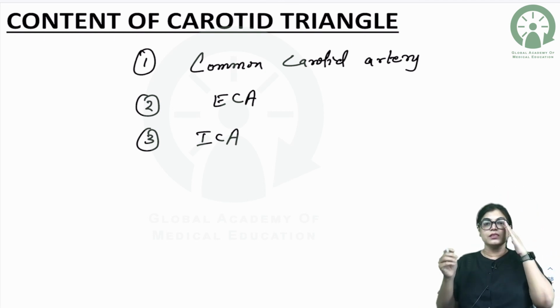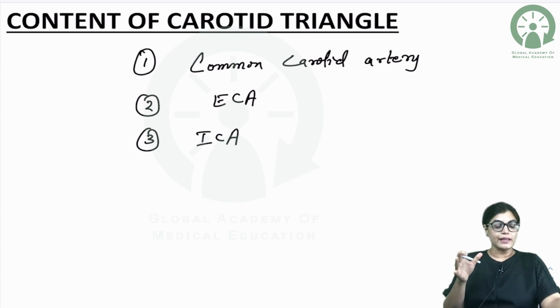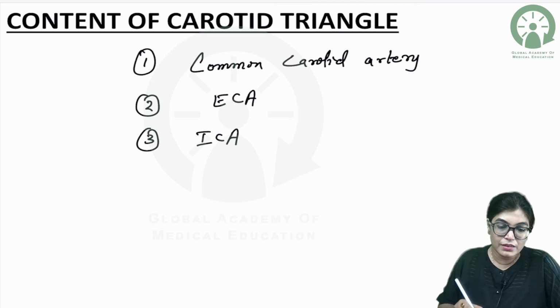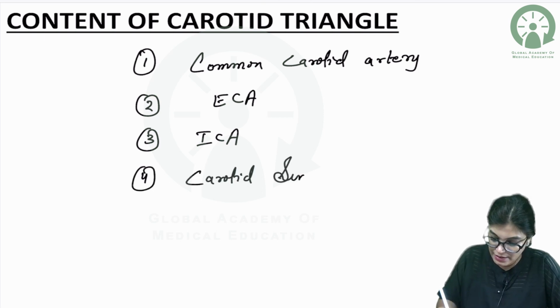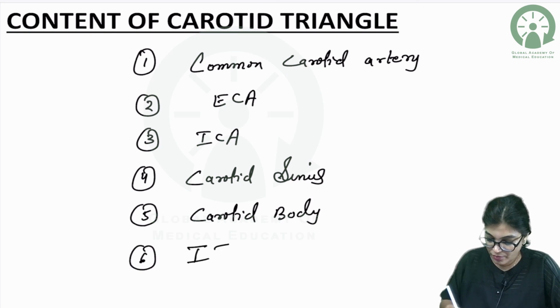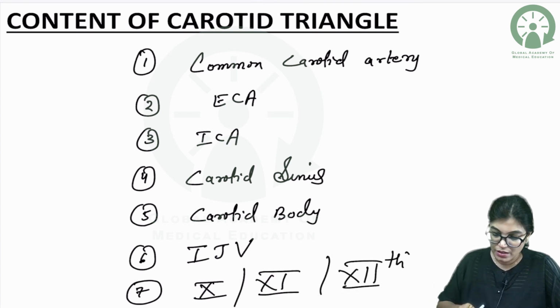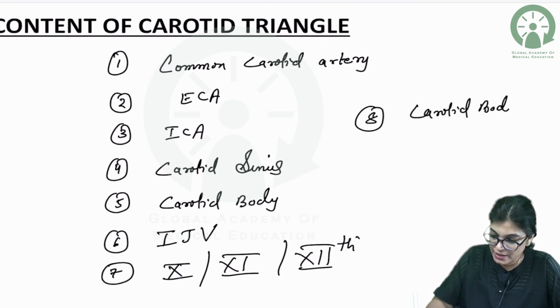Actually, the terminal branches of external carotid artery are not the content, but other than that, all others are the content of carotid triangle. Now, the other contents: it contains carotid sinus, carotid body, internal jugular vein and the 10th, 11th and 12th nerves.